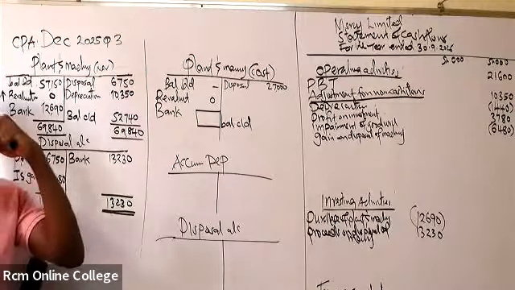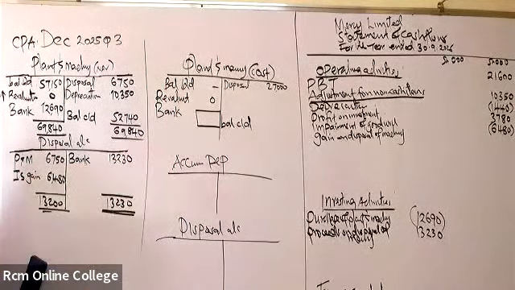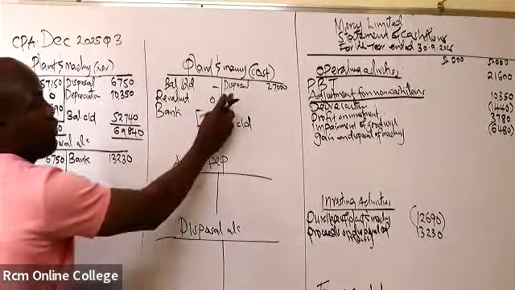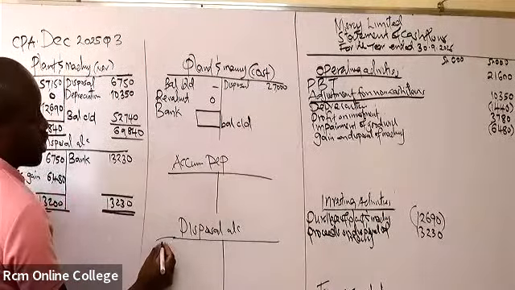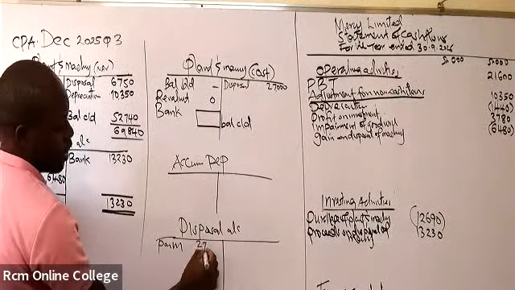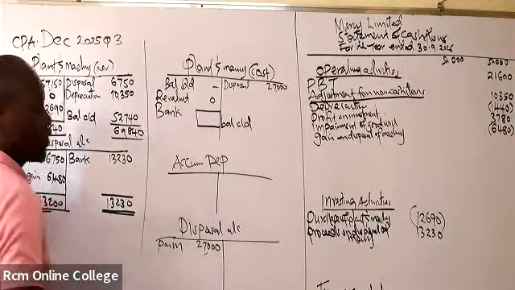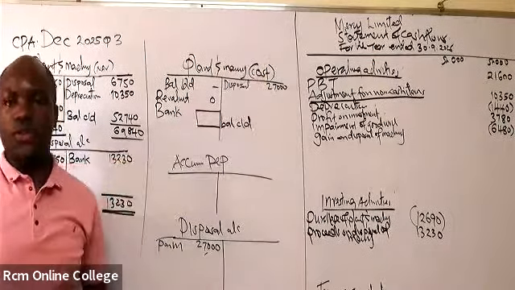So allow us to look at the next question where you will be required to do it at cost. My interest is about this disposal being done at cost. So we take 27,000 and bring it to the disposal account. So plant and machinery brings to us 27,000.